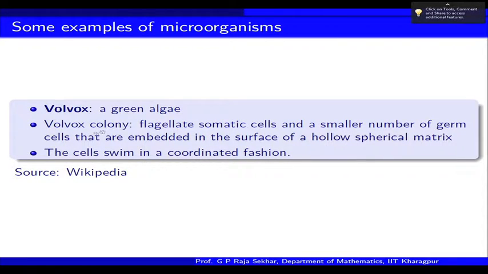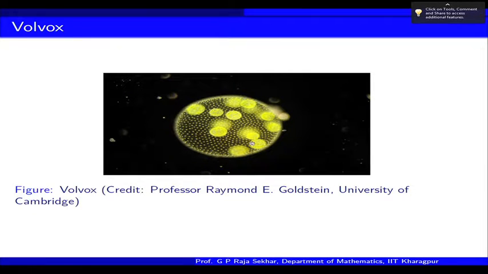This is mostly grown in fresh water. The cells swim in a coordinated fashion. You can see the picture is like this. This is from Professor Raymond Goldstein from the University of Cambridge, who has nice experiments conducted on swimming of Volvox.